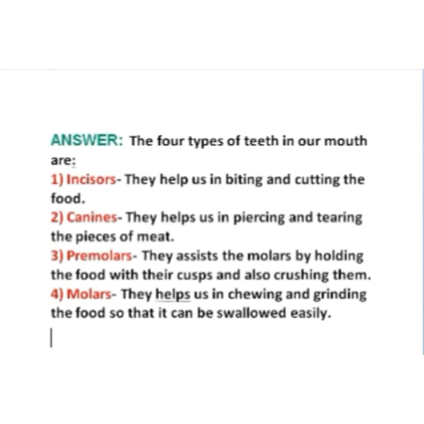Canines help us in piercing and tearing the pieces of meat. Premolars' function is that they assist the molars by holding the food with their cusps and also crushing it. Molars help us in chewing and grinding the food so that it can be swallowed easily. Students, these are the 4 types of teeth and their functions.